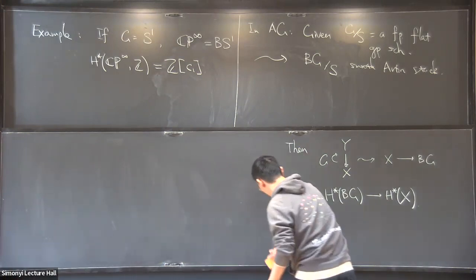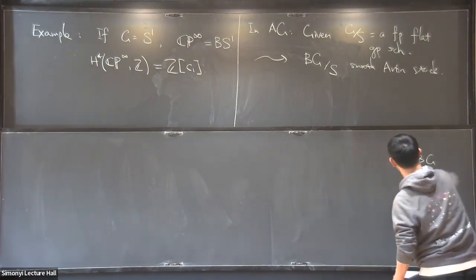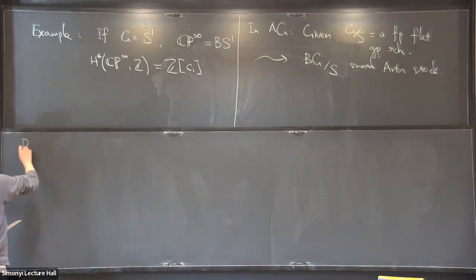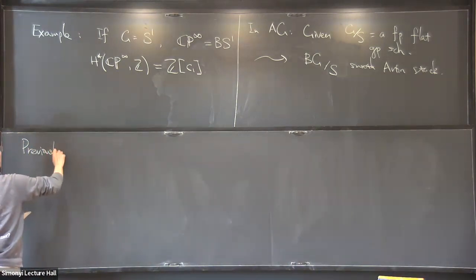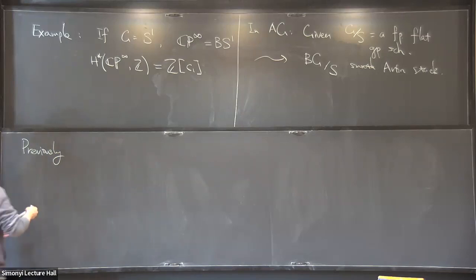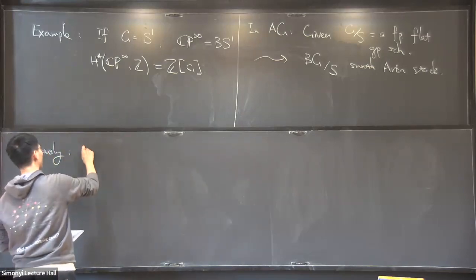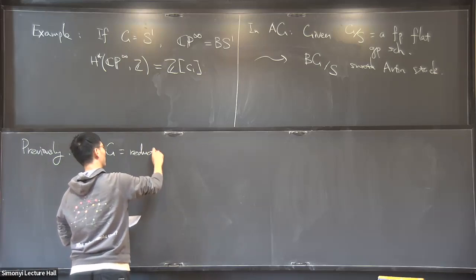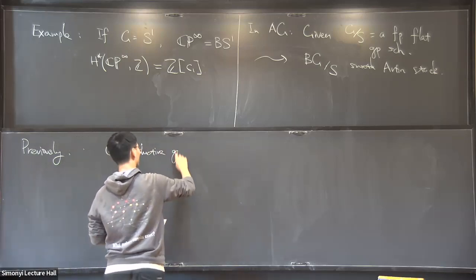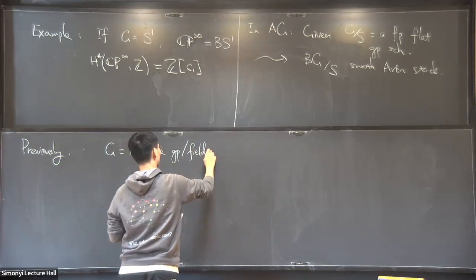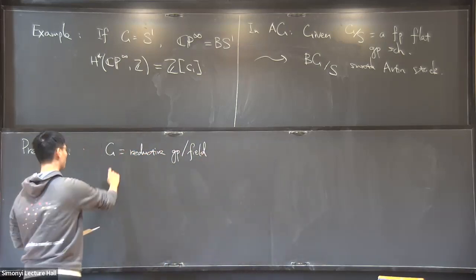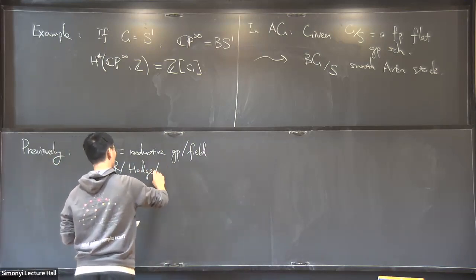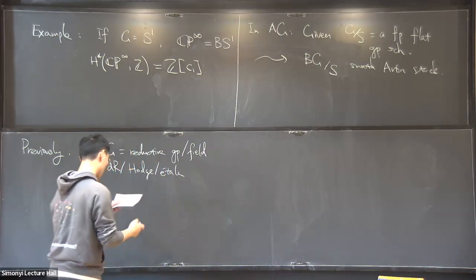But let me tell you, I think only a few years ago, there were already several results that were quite inspiring for our project. So previously, in the following setting, your G could be a reductive group over a field, and the cohomology theory could be either de Rham or Hodge or étale.